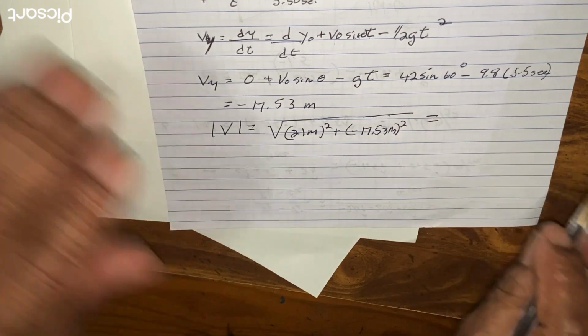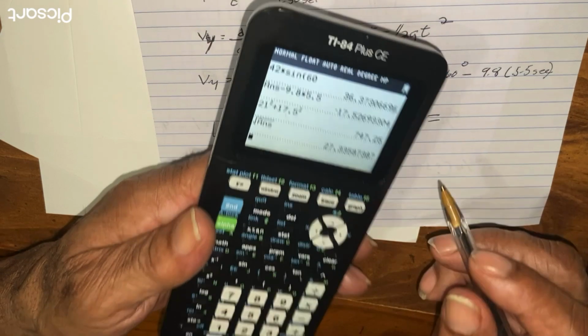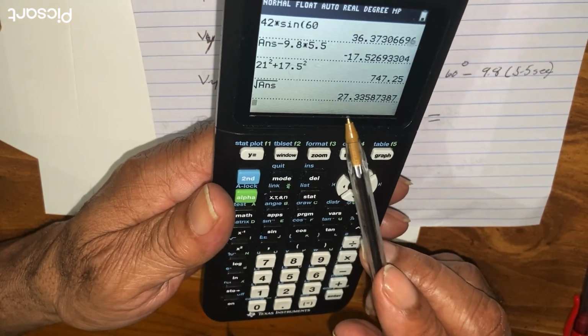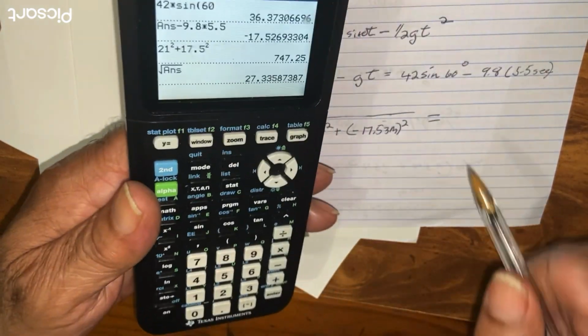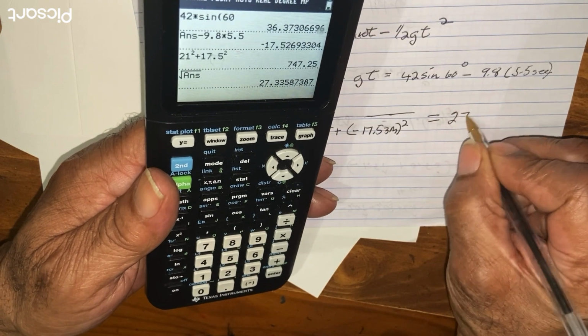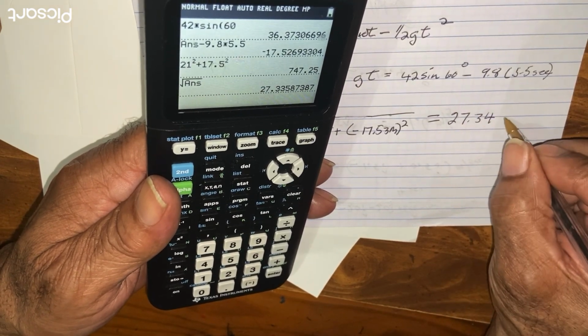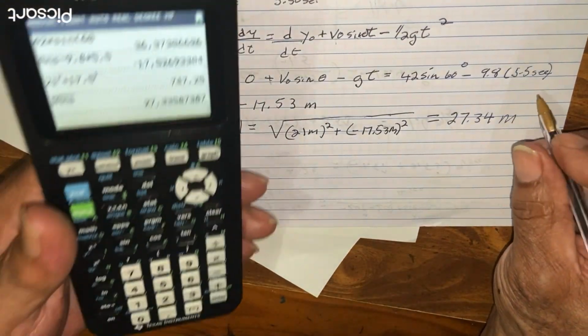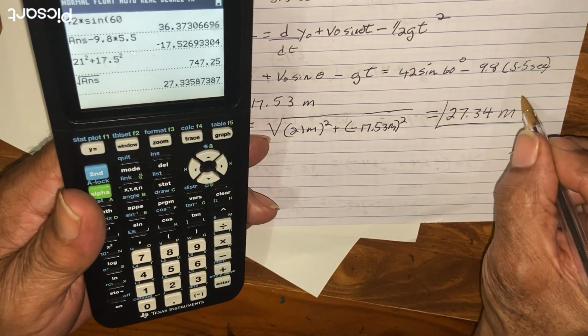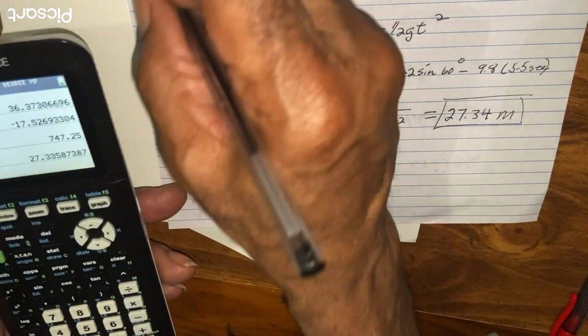And that's going to equal 27.335, just 27.34 meters per second. So that's the velocity. That's part B.